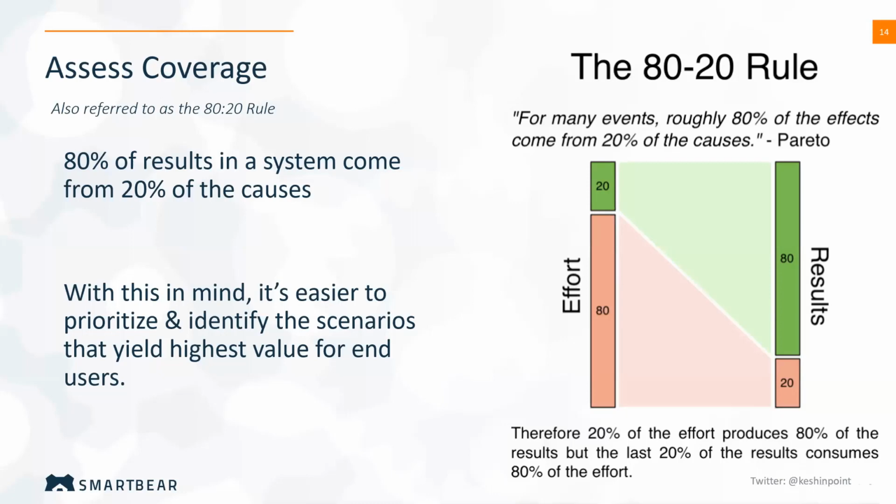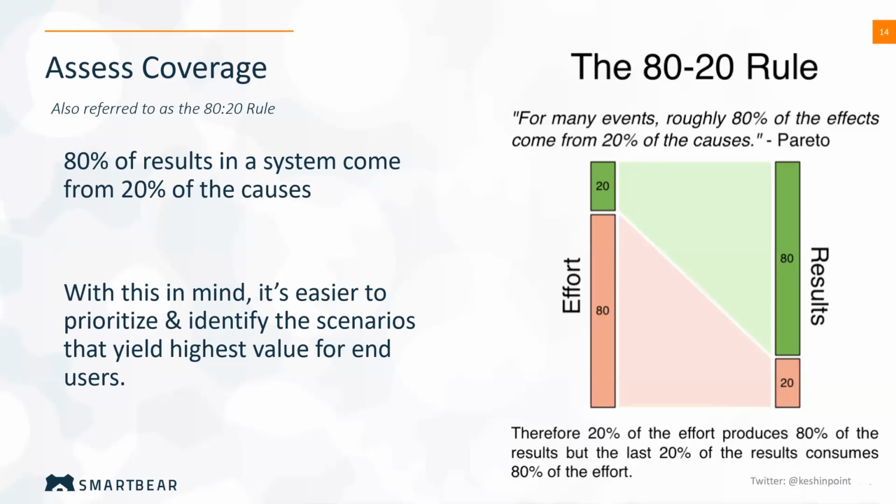With this rule, we're essentially saying that for many events, roughly 80% of the results come from 20% of the causes. So if you're able to take some time and identify 20% of all major critical flows in your application, then that's a really great place to start to become successful with your automated test case creation.